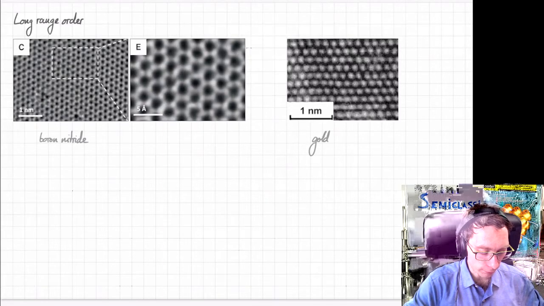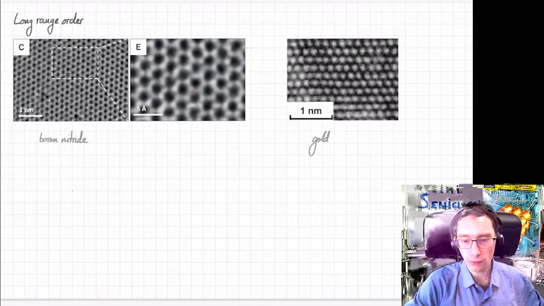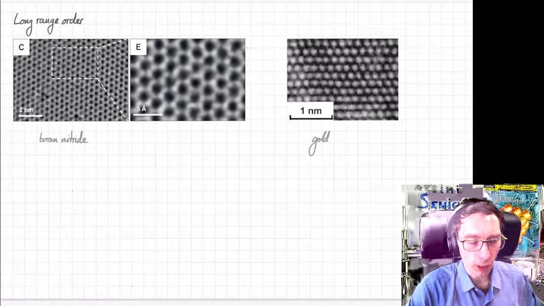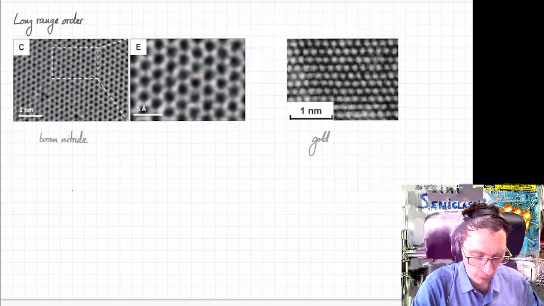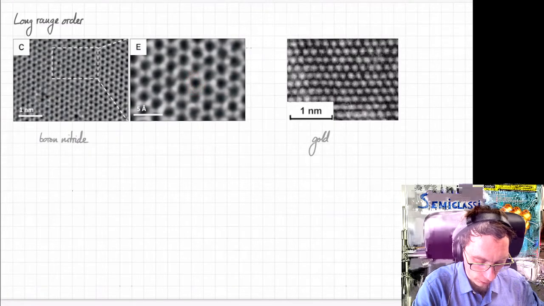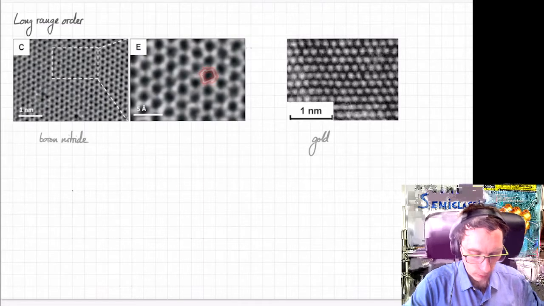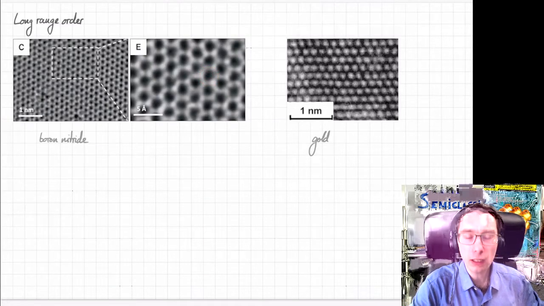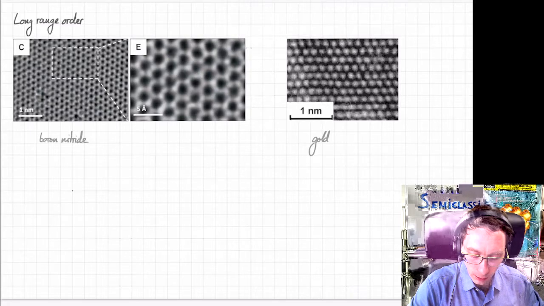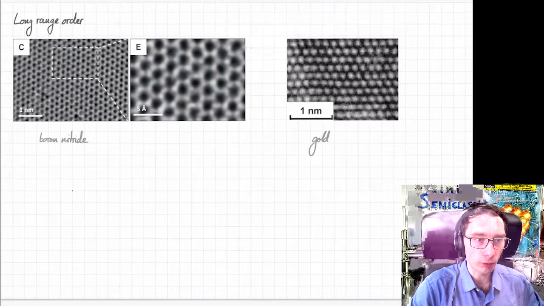So here you have two different crystalline solids. One is boron nitride on the left. So you see this honeycomb. Okay, this is a very ugly honeycomb that I'm drawing here. Here you have a honeycomb lattice. And on the right, you have gold.